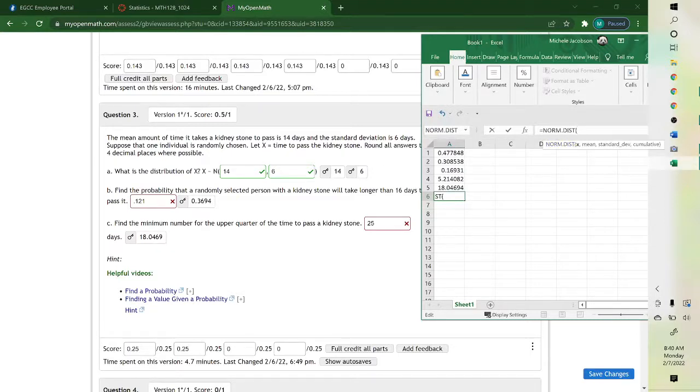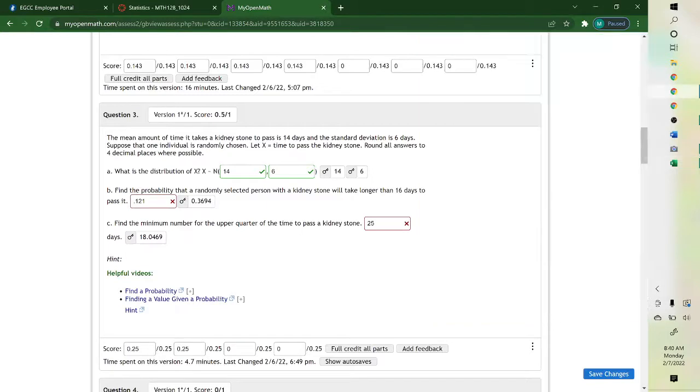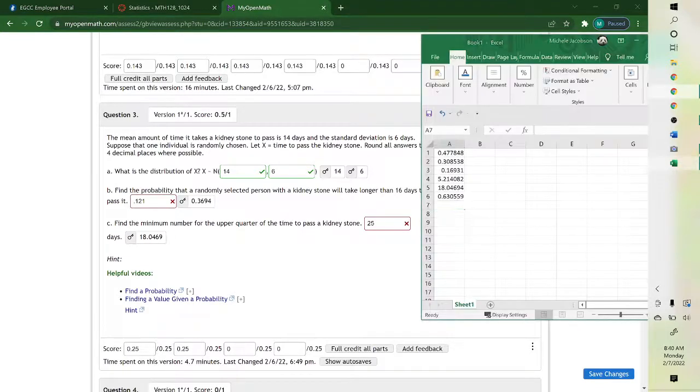The number we have is 16, comma, the mean, 14, comma, 6, comma, 1 for cumulative. Now remember, this is below. We want a person with a kidney stone to take longer than 16 days. So we want longer than. So we want equals 1 minus the answer we got.